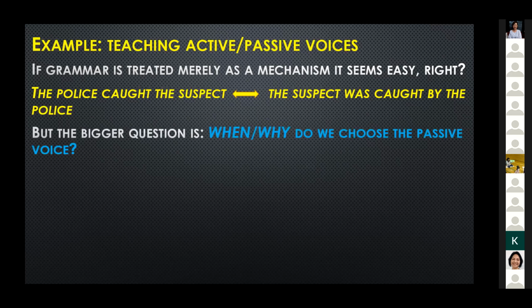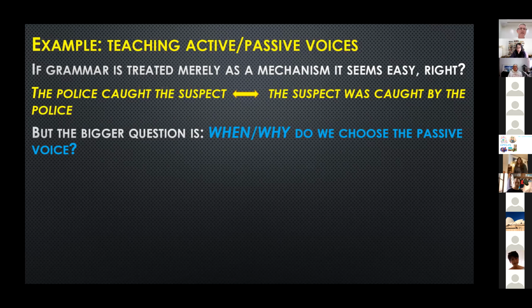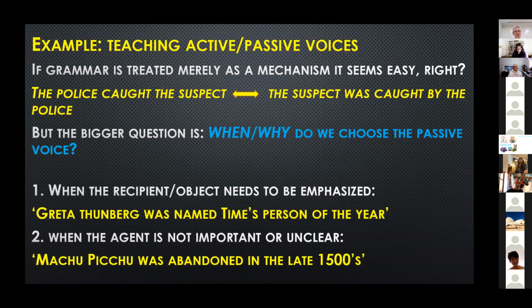Here's the problem. The big problem is when and why do we choose the passive voice? Because the Japanese passive is not chosen at the same times that the English is, and the English active does not always match the Japanese active. Well, maybe as teachers, we can give some examples to help our students. Fair enough.